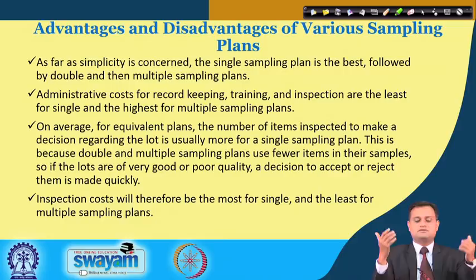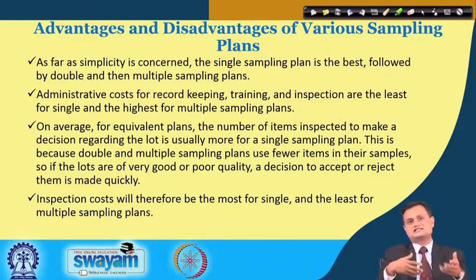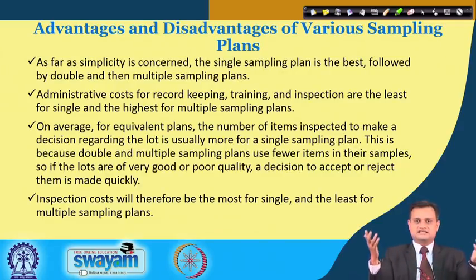This is because double and multiple sampling plans use fewer items in their sample if the lots are very good or poor. So obviously for single sampling plan, my inspection cost will be a little bit higher when I take only a single sample which is of a larger size.